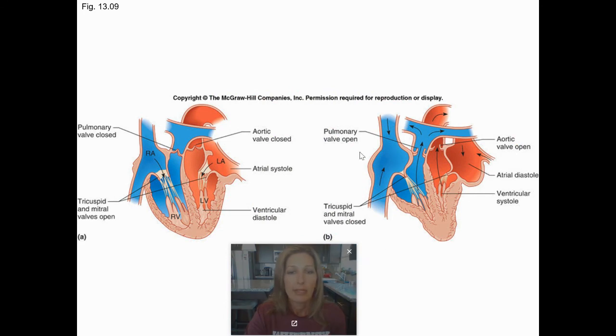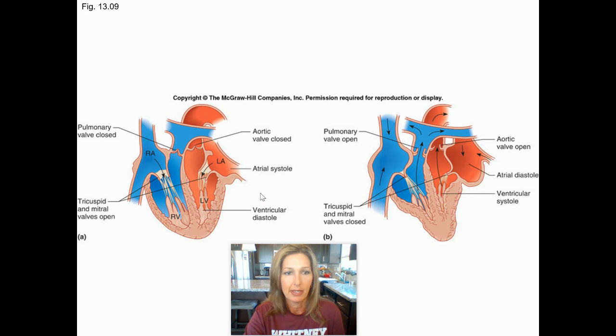Now, what this diagram is trying to help us understand is this blood flow and how valves are involved in making sure that blood is constantly moving one direction through the heart and through the whole cardiovascular system. So here what we're seeing is the cardiac cycle. For your heart to beat, you've heard the heartbeat, it's a lub-dub sound, lub-dub, lub-dub.